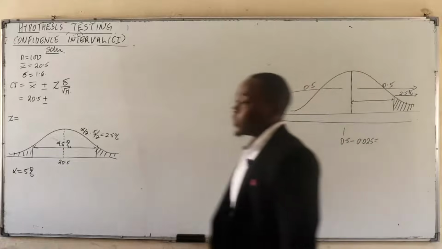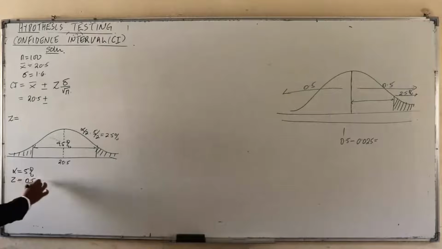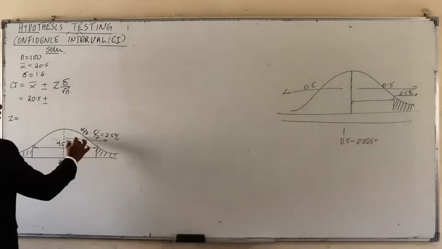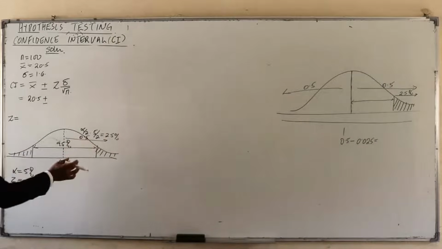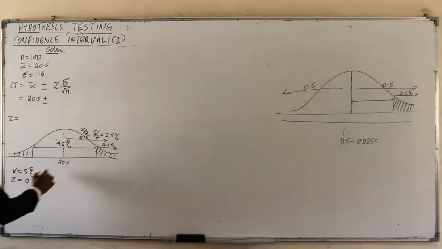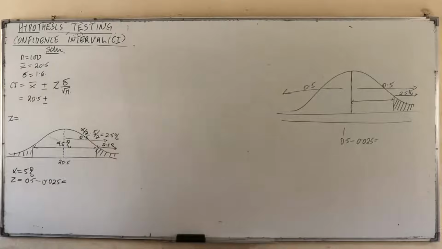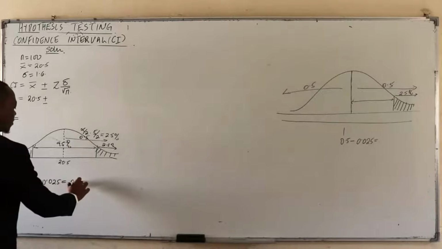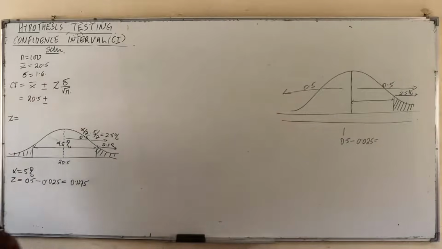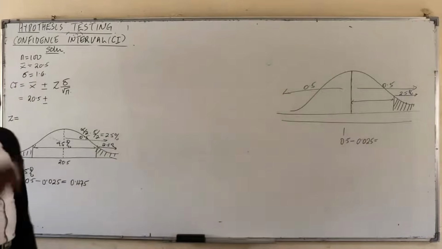To get Z, you take 0.5, all this half, minus 2.5%, which is 0.025. What do you get? 0.475. Now, this is the probability of this. So what we need now is Z.